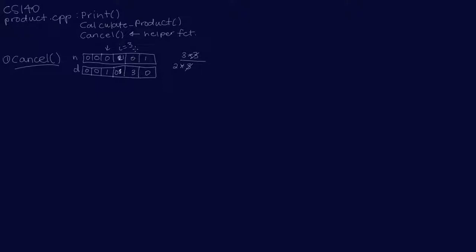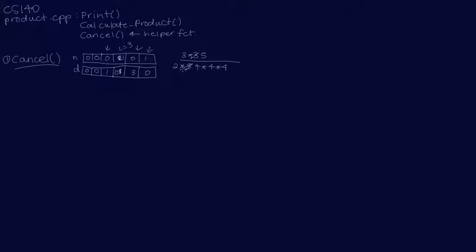I'm going to move over. At i equals 4, there's nothing to cancel, so it's going to look like this mathematically: 4 times 4 times 4. And this represents a 5.